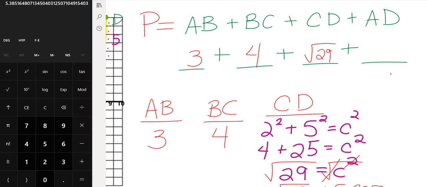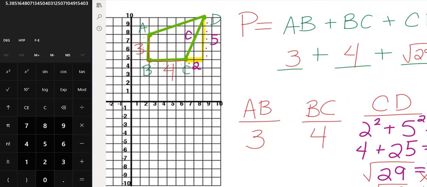And the last side length that I need to solve for is AD. Let's take a look at AD. Again, notice AD is slanted. So we're going to do the Pythagorean theorem to figure out the length of AD. Okay. Create the right triangle. And here we go.